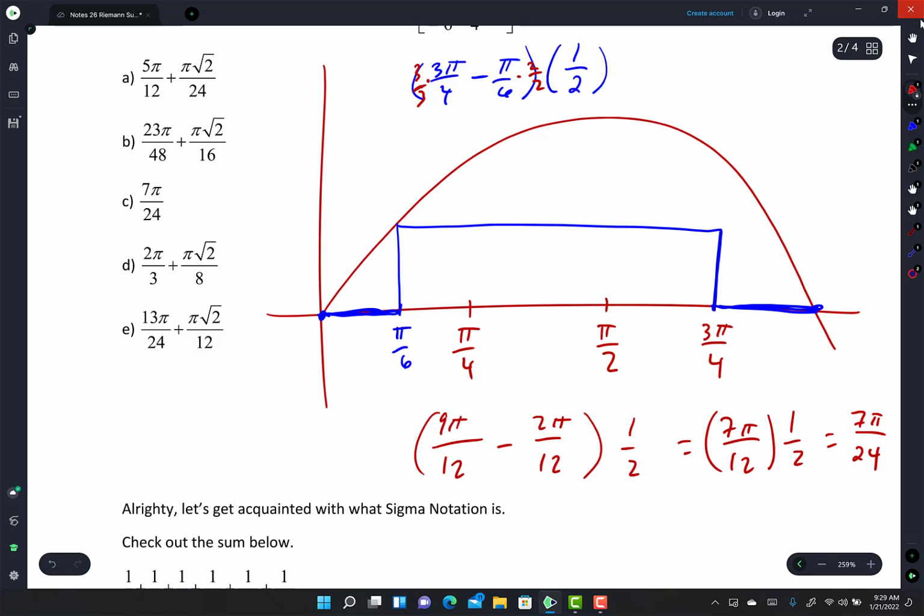Is that in there? Yes. Where did I get the 3 pi over 4 minus pi over 6? I got it from the width of the rectangle. This is 3 pi over 4, and this is pi over 6.